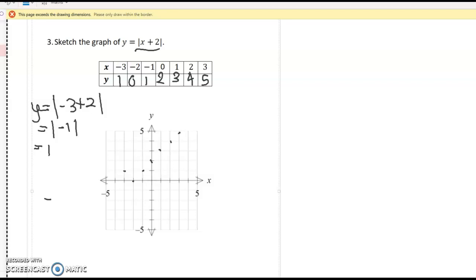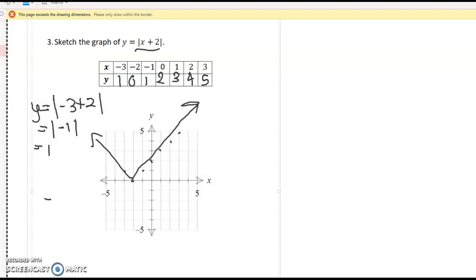Okay. Wasn't great. Alright, so there's our function, just shifted this time 2 places to the left. We haven't asked for domain and range, but you can see the domain would be negative infinity to positive infinity, and the range would be 0 to infinity.